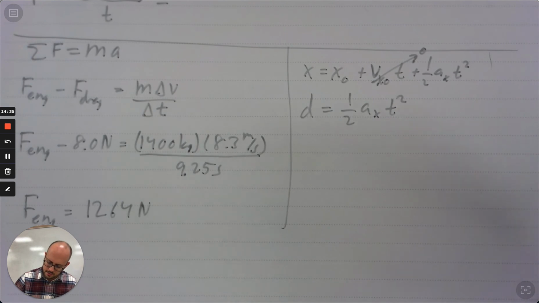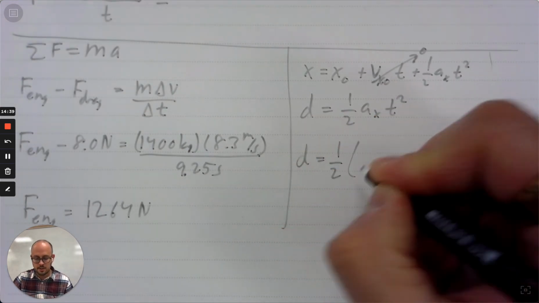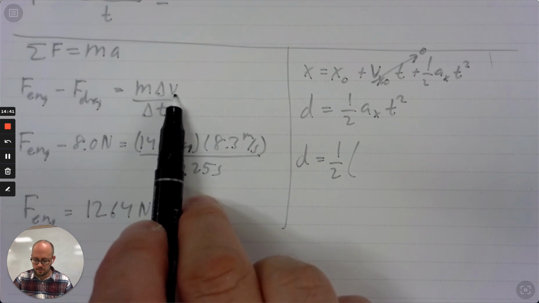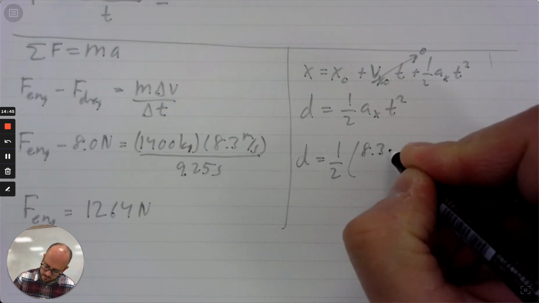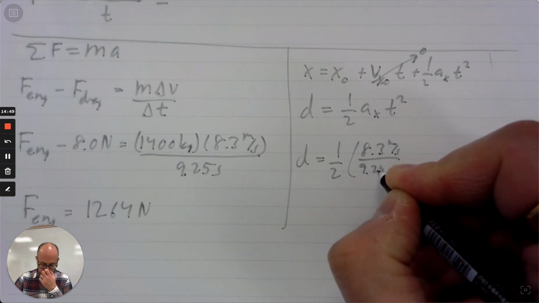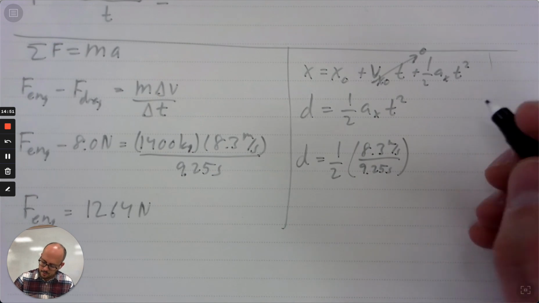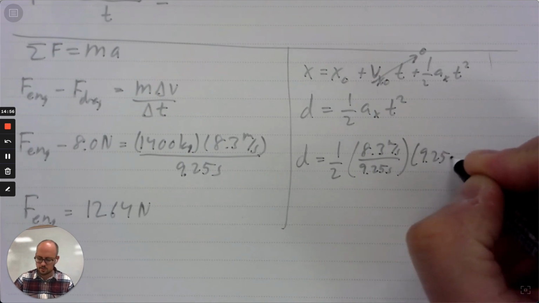So the distance I need to find is equal to 1/2 times acceleration, and acceleration again is delta v over delta t. So I'm going to again put this 8.3 meters per second over 9.25 seconds, and then the time is 9.25 seconds, and that gets squared.